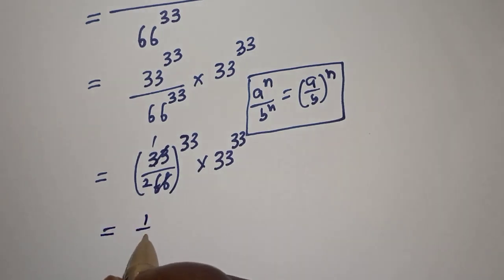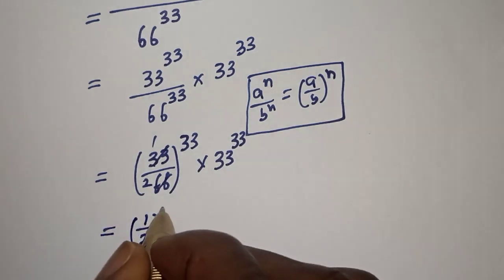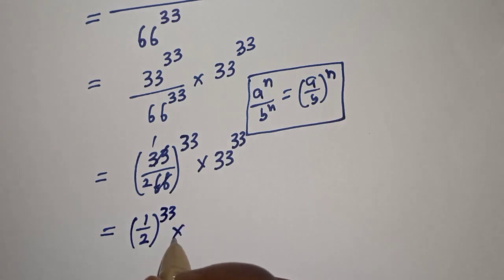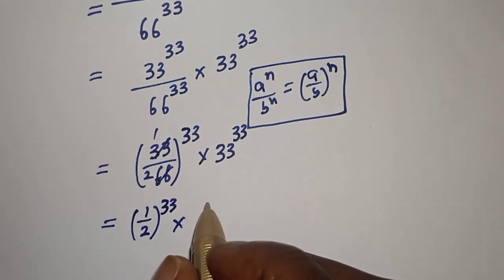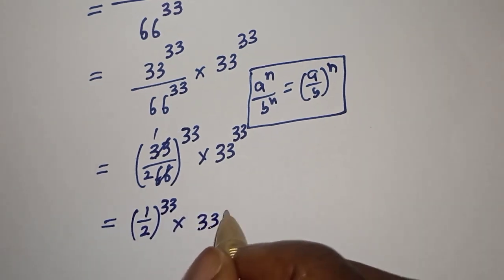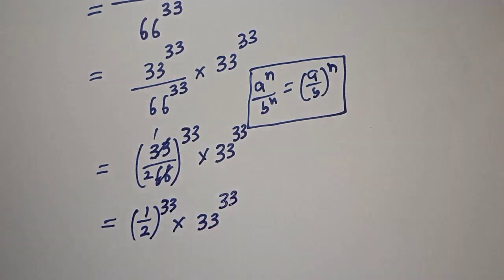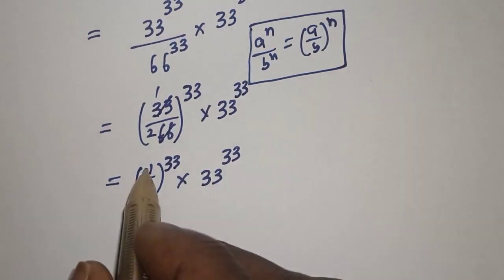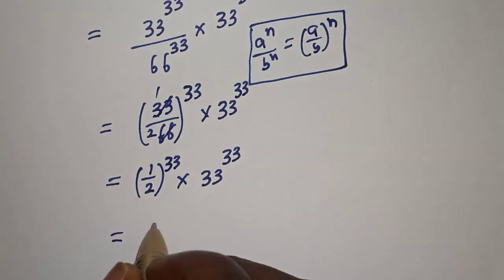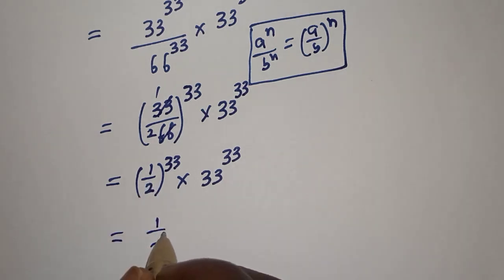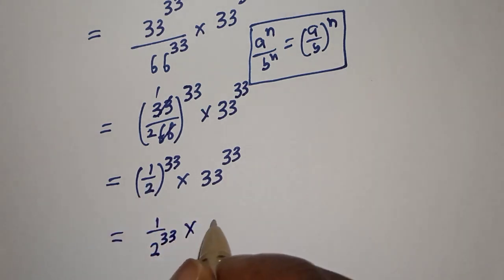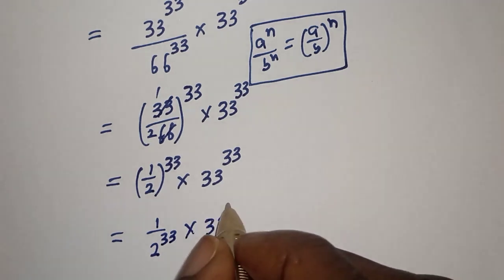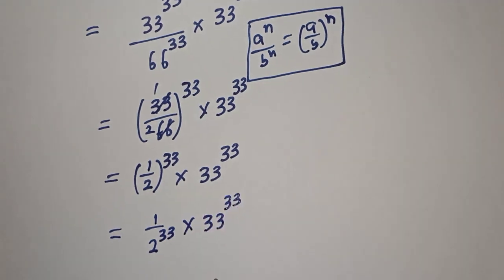This is equal to 1 over 2 raised to power 33 multiplied by 33 raised to power 33. Then this is the same thing as 1 over 2 raised to power 33 multiplied by 33 raised to power 33.